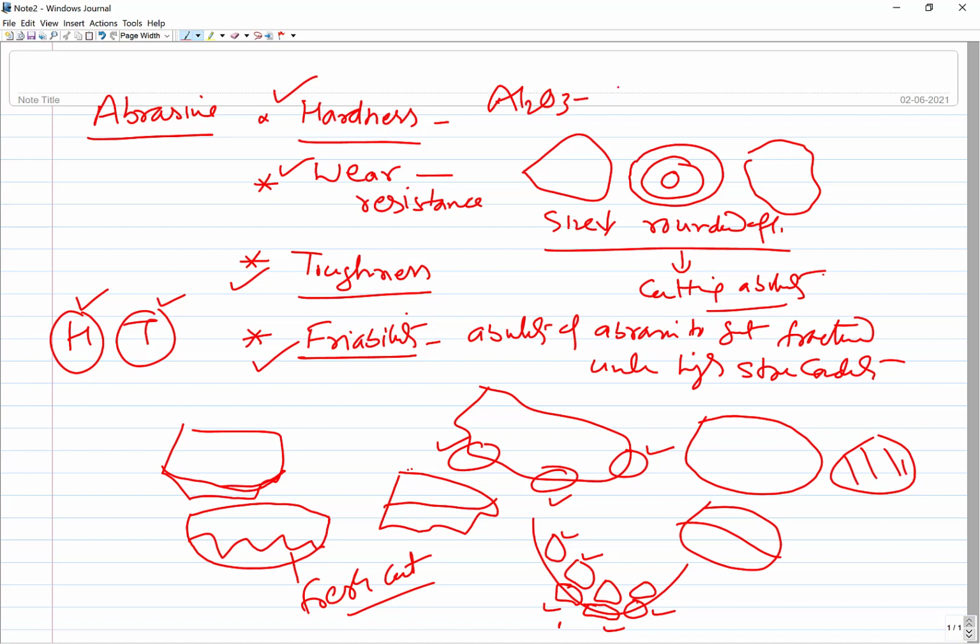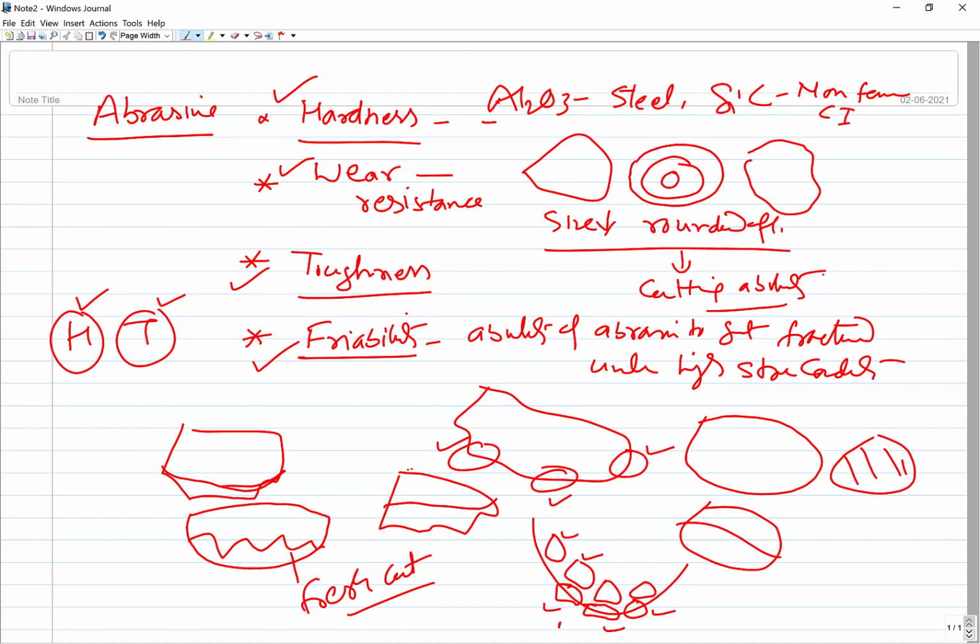This is commonly used for tough materials like steels. Then silicon carbide is used for machining of the non-ferrous metals, and it is also used for machining or grinding of the cast iron.